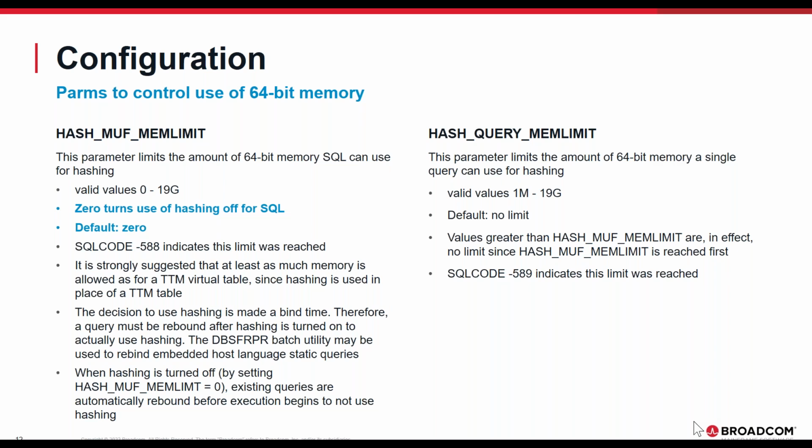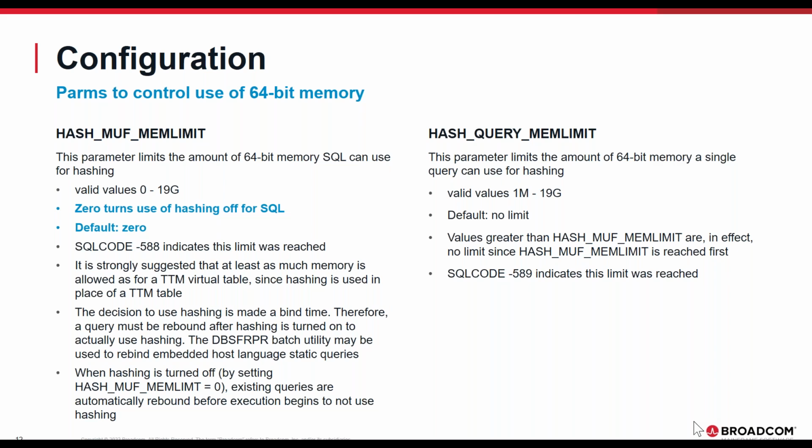And then for the embedded SQL and static queries that are in the dictionary, you would use the SRF program. And I've got a slide to show you how to do that later. But just keep in mind, you turn it on at the MUF level, and then each query has to be rebound because it's a bind time decision.